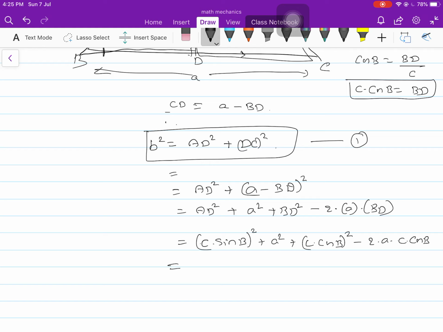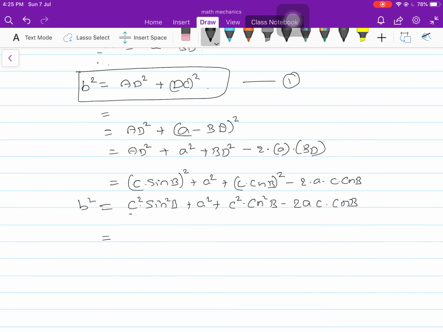Okay, now expanding, C square sine square B plus A square plus C square cos square of B minus 2AC into cos of angle B is your B square. Now this and this are same, so let us take C square common.